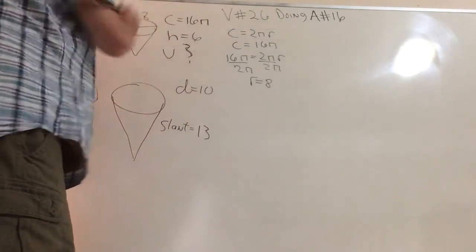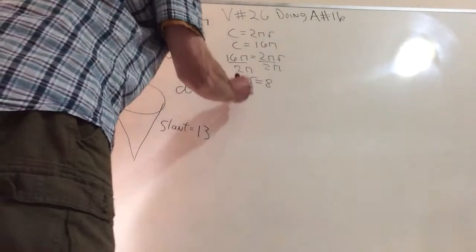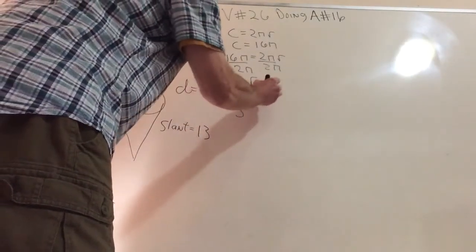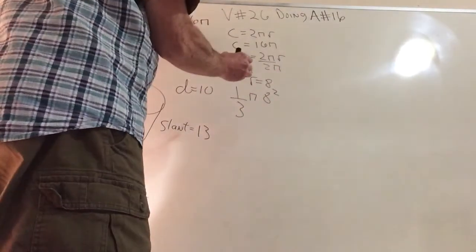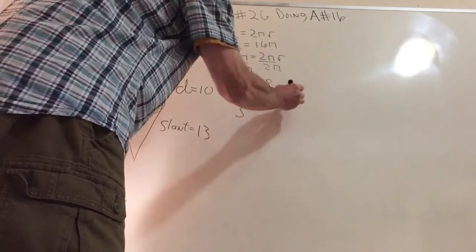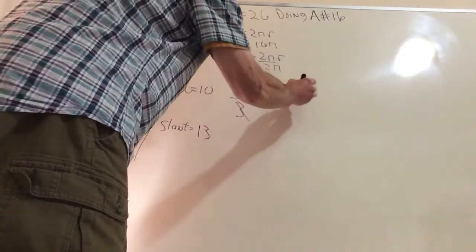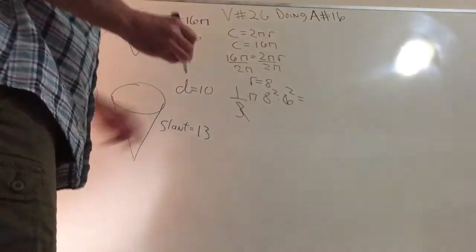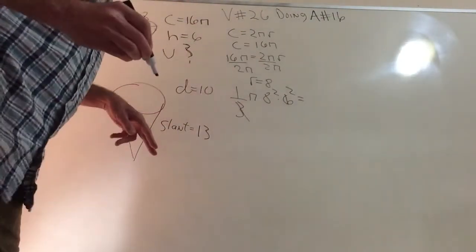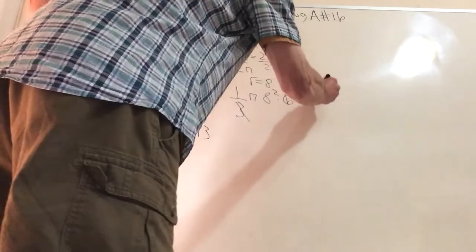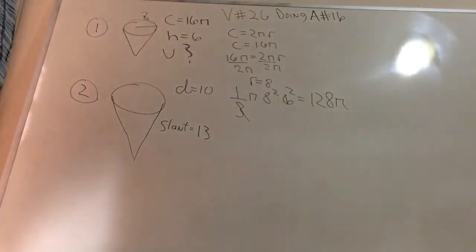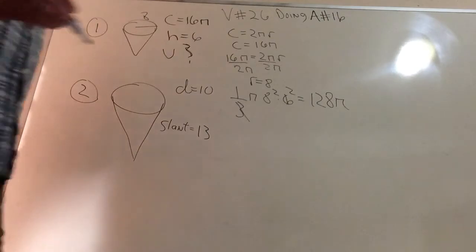R equals 8, therefore, 1/3 pi 8 squared times 6, canceling immediately, and 8 squared times 2 times pi, and I'll let you do that. You should have been able to do it easily, and the answer, of course, is 128 pi.